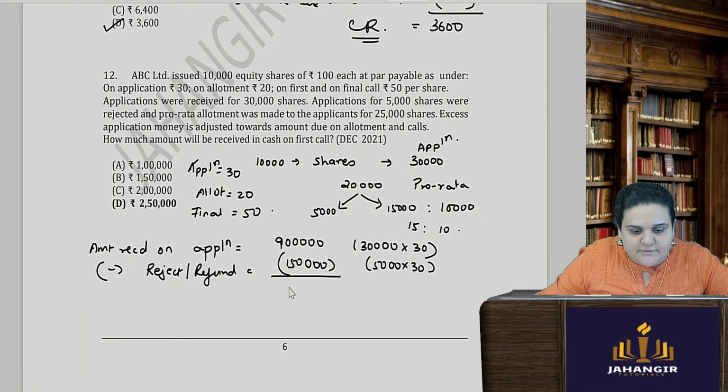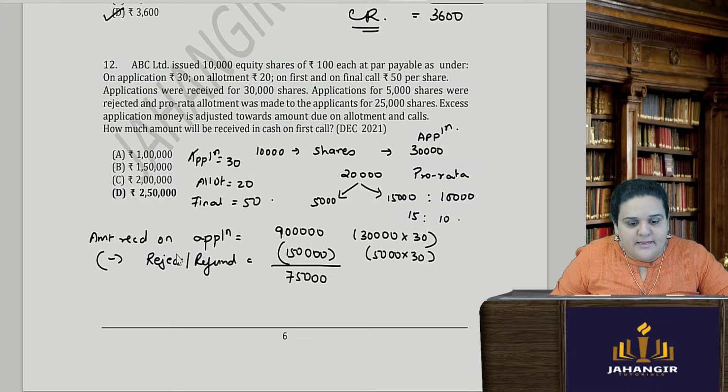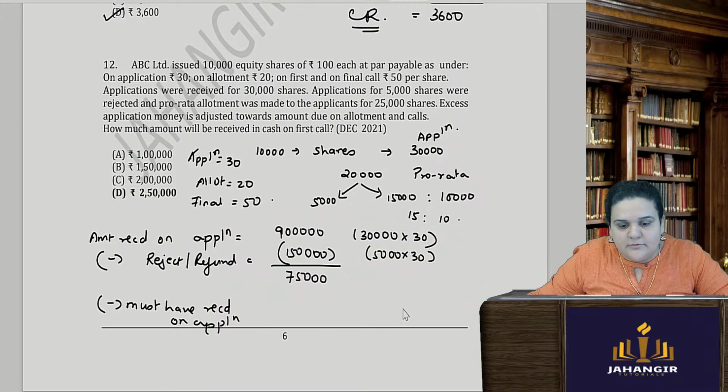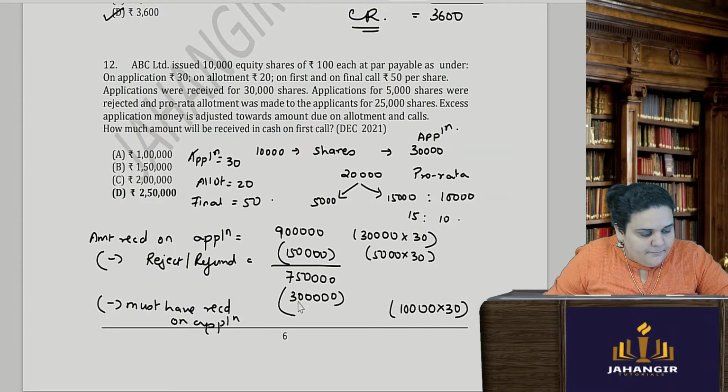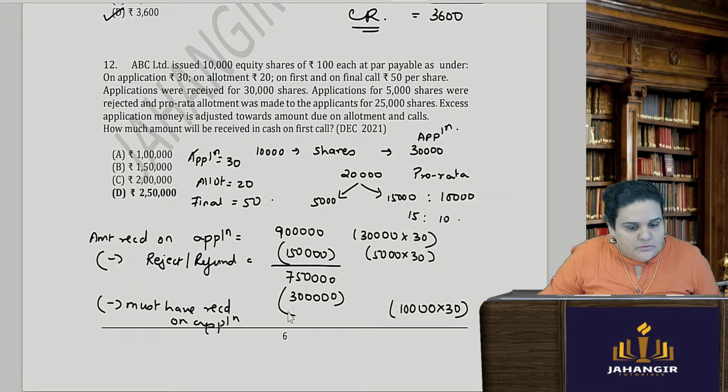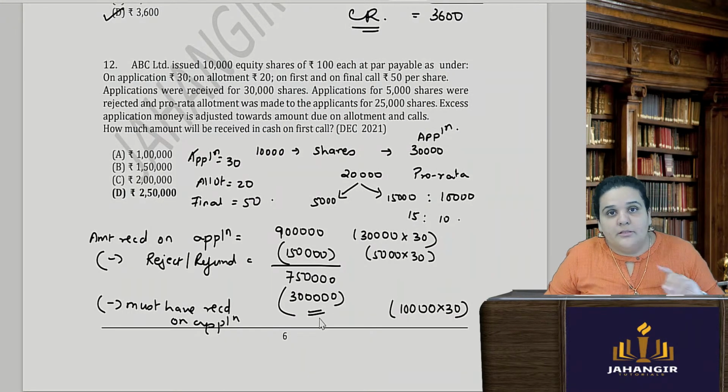So the actual amount received is 7,50,000. From that 7,50,000, what must I have received on application? I should have received only as per 10,000 shares, no? 10,000 into 30, that is 3 lakhs. This I should have received on the application.